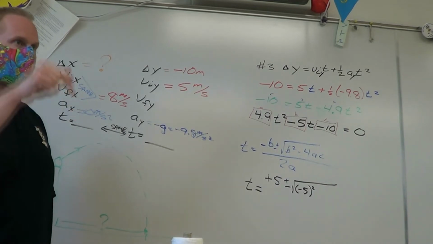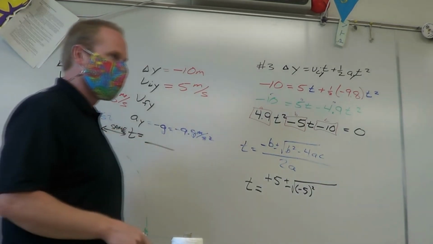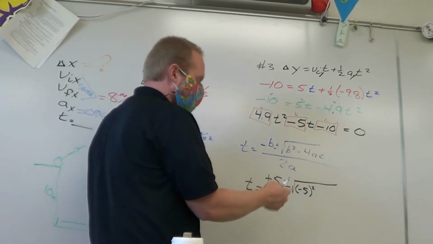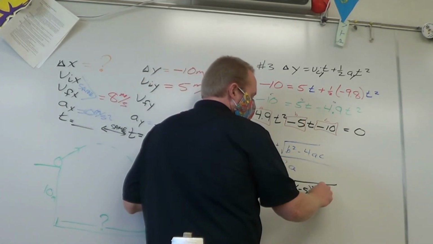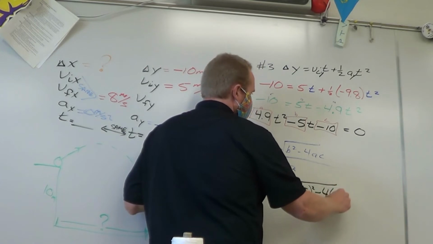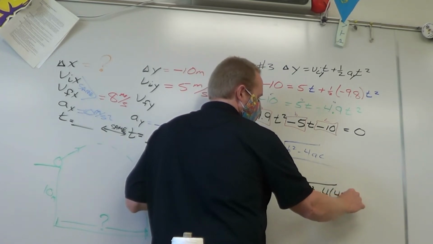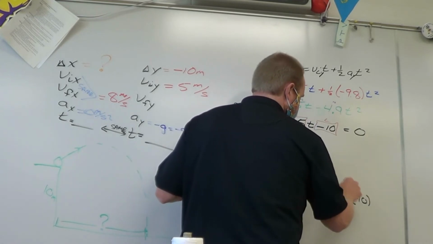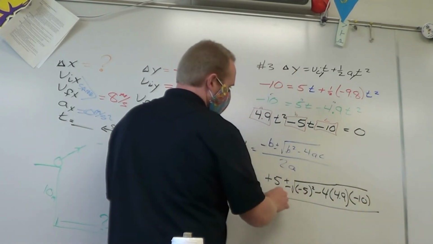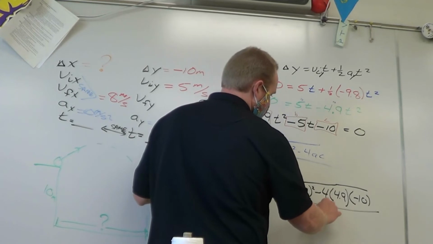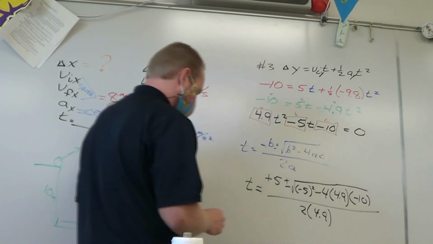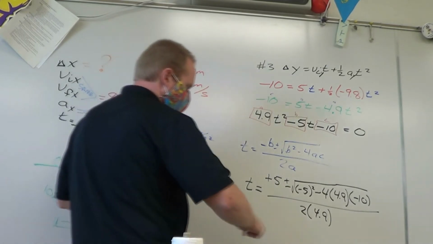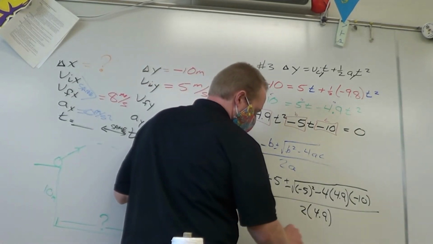If you go -5 squared, it'll probably tell you it's -25, but it's parentheses, -5 squared, minus 4 times 4.9 times c, which is a -10, all over 2 times 4.9.